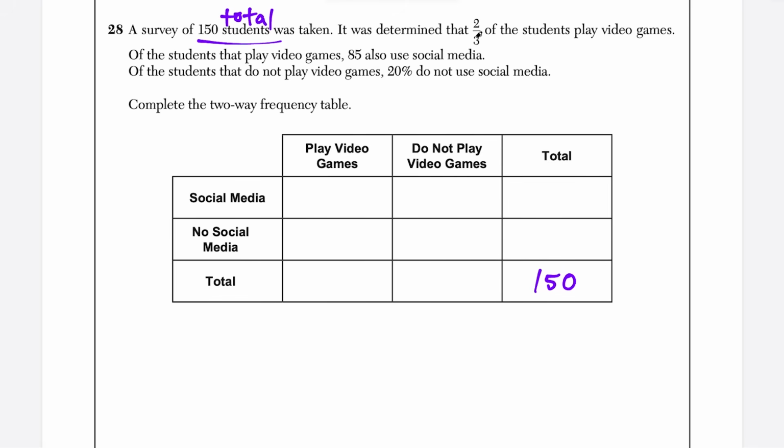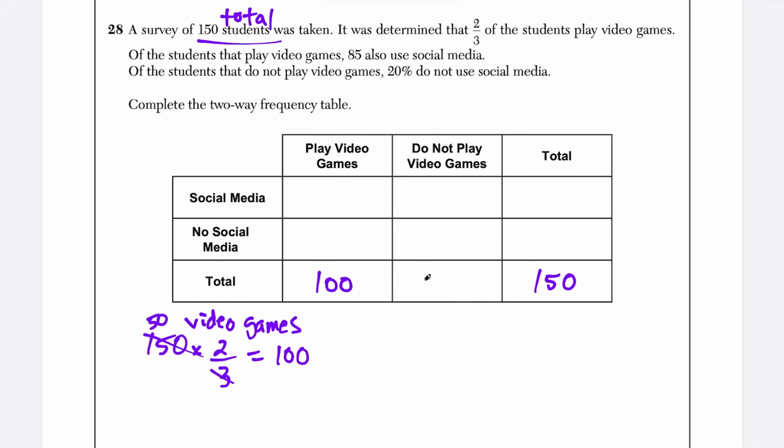And then they told us that 2/3 of the students play video games. So I'm going to take 150 and multiply it by 2/3. This is for the number of students that play video games, so it goes over here. If I work this out, 150 divided by 3 is 50, and 50 times 2 is 100. So the total number of people that play video games is 100.